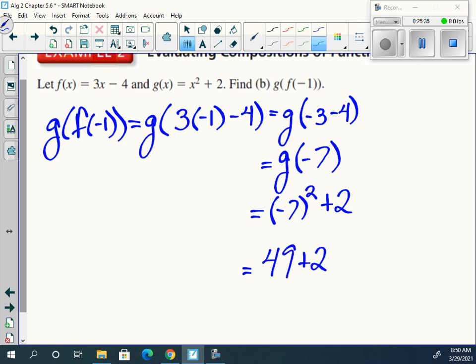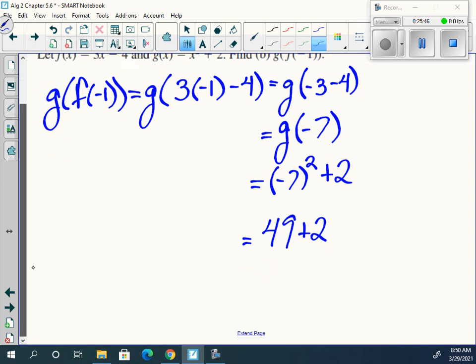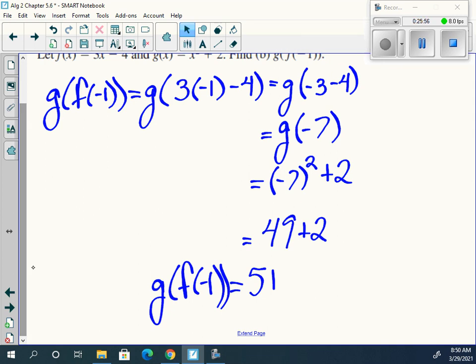Because negative 7 times negative 7, well, the negative and negative make a positive, and 7 times 7 is 49. 49 plus 2 would give us 51. So g of f of negative 1 is 51.